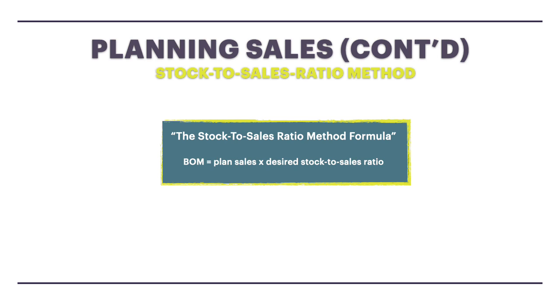Months with higher sales plans have lower stock to sales ratios, and months with low sales plans have high stock to sales ratios. Therefore, ratios used in this method will vary depending on the sales volume for each month. The stock to sales ratio method formula is you take your planned sales and multiply that by your desired stock to sales ratio to get your BOM.